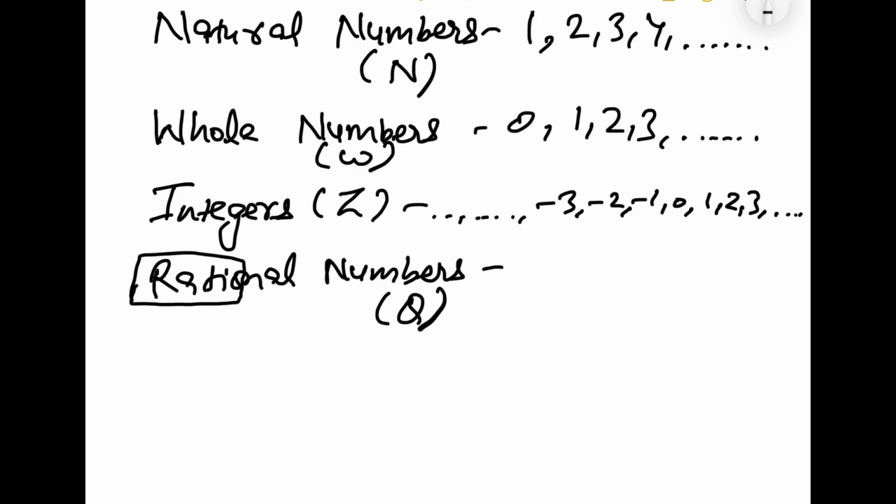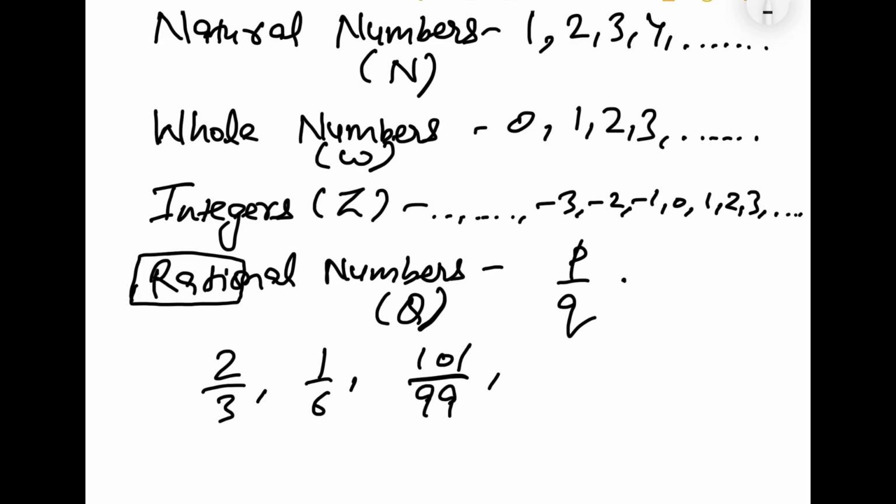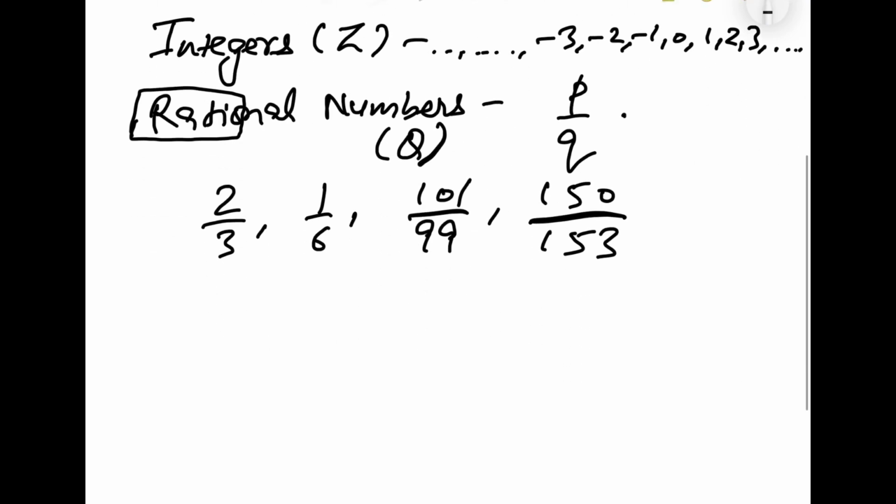A number which can be written in the form of P upon Q. These are rational numbers. For example, 2 upon 3, 1 upon 6, 101 upon 99, 150 upon 153. Okay, these are rational numbers, and some other forms of rational numbers are 0.25.